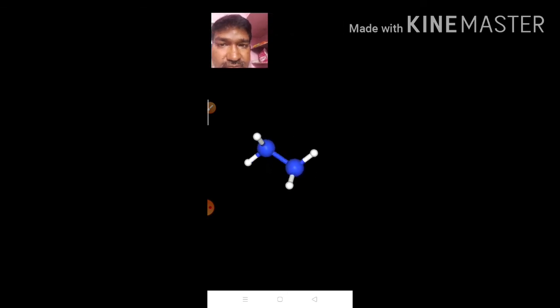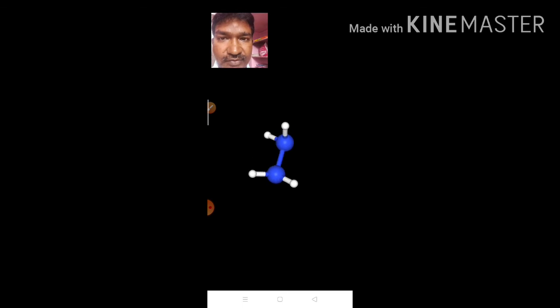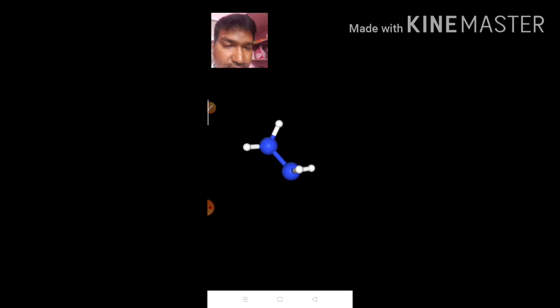So look here. Here clearly we can see the three-dimensional rotation of the hydrazine molecule.